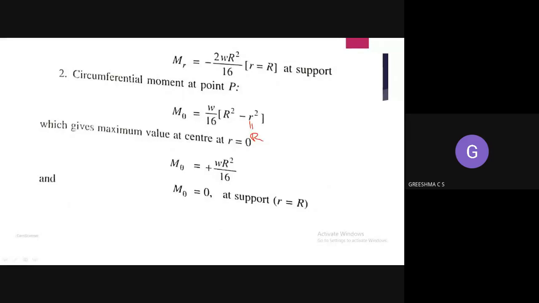To find out the circumferential moment at the supports, you have to substitute small r is equal to big R. So R square minus r square will be equal to 0, and you will get the circumferential moment at the supports as 0 for the fixed case. So for the fixed circular slab, circumferential moment at the supports will be 0.